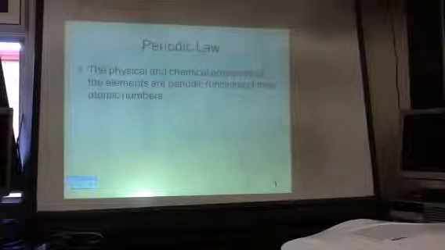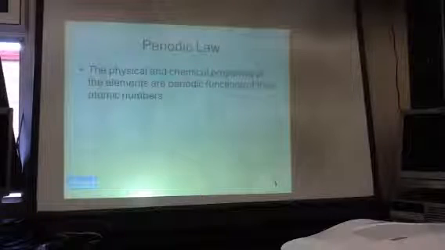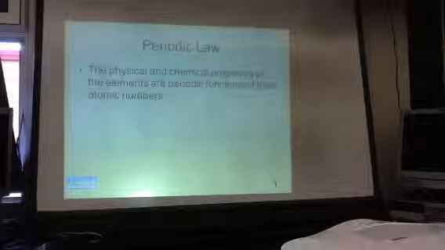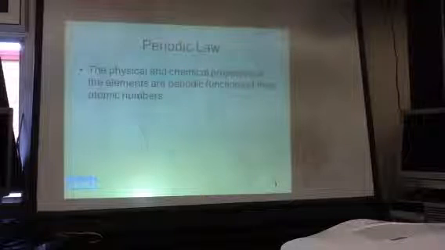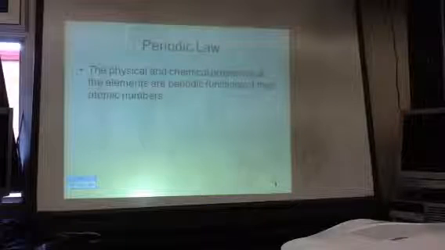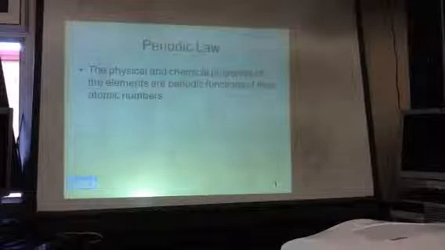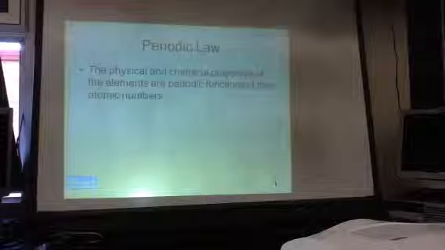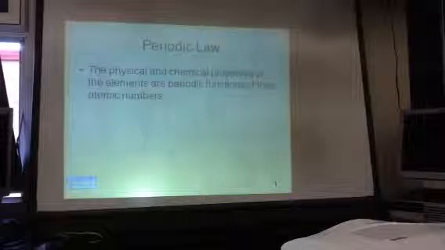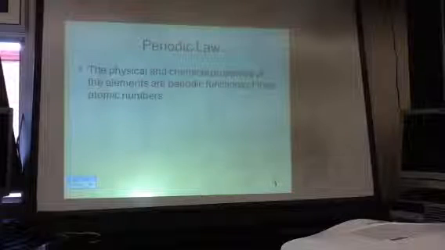So when you look at the periodic table that Mendeleev put together and Moseley modified, what becomes apparent is this thing called periodic law: that physical and chemical properties of elements are periodic functions of their atomic number. What does it mean if something is periodic? Happens periodically, every now and again.